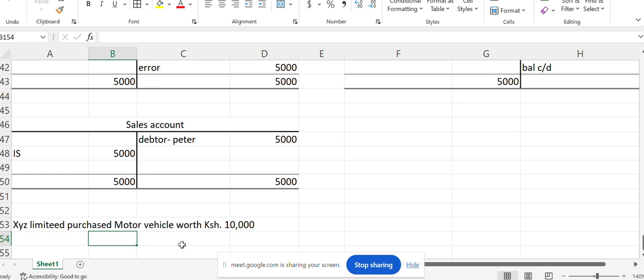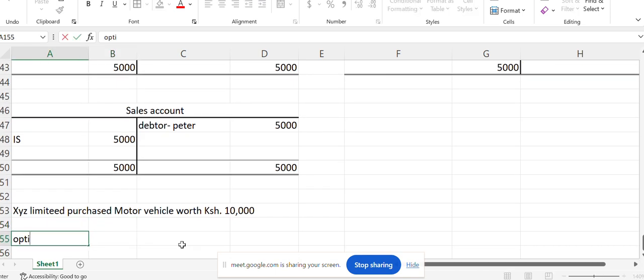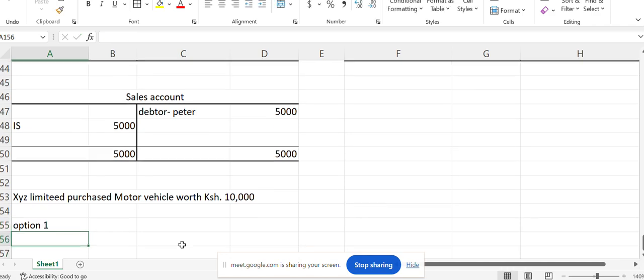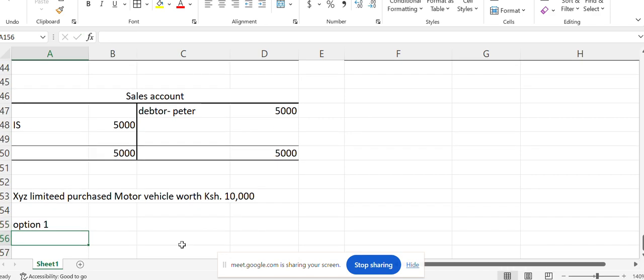Anyone else? Now let me give you an option. Option one, I'm going to go with what you've said: motor vehicle and cash account.